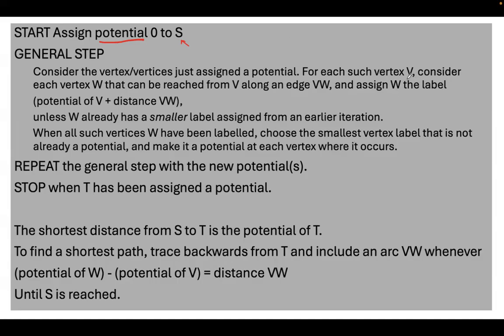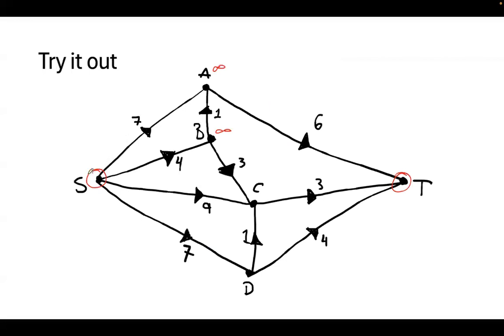So for the vertex that we're looking at, what's the potential of V? What's the distance to get here? And then add the distance of the edge. So over here, if S has potential 0, then we look at all the things we can reach from S, which include A, B, C, and D.